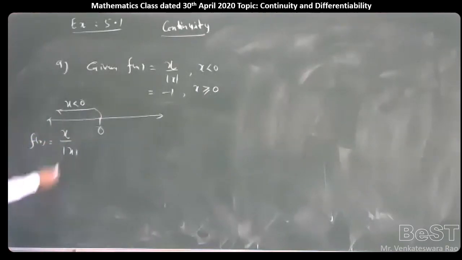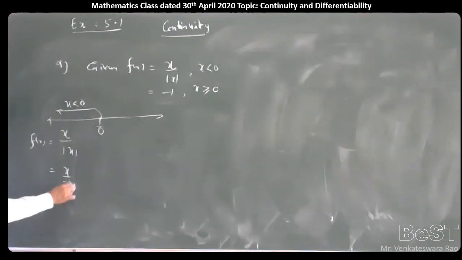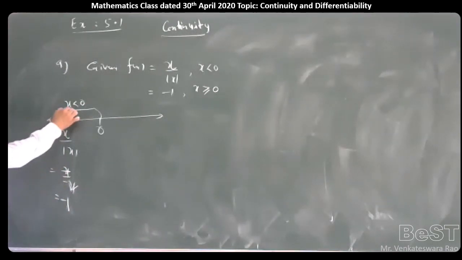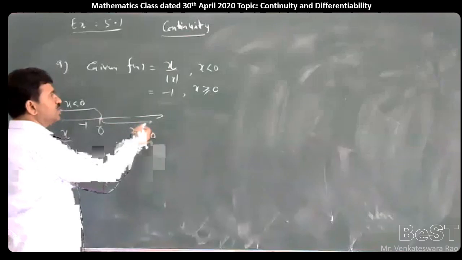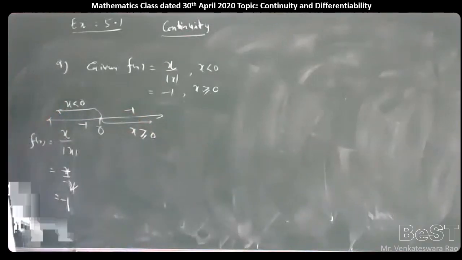When x is less than 0, what is the mod x value? Minus of x. Minus of x, x cancels, minus 1. So when x is less than 0, the answer is minus 1. When x is greater than or equal to 0, it is minus 1.